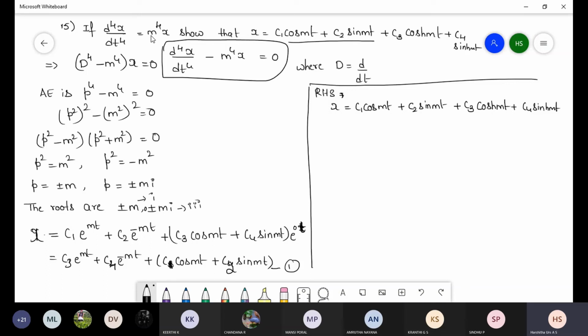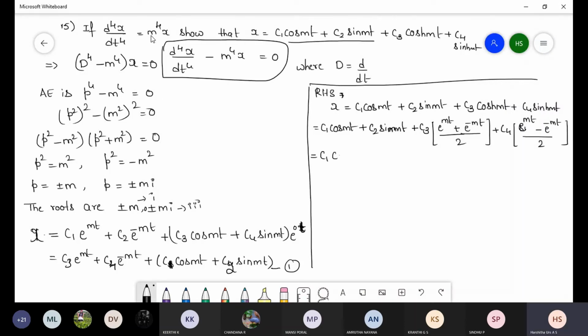If they have not given the show that, you can write any one as a first term. So here what we have to do, we have to write C1 cos mt plus C2 sin mt as it is, plus C3. Here cos hyperbolic mt means e power mt plus e power minus mt divided by 2. This is the formula. Next, for sine hyperbolic mt, e power mt minus e power minus mt divided by 2.